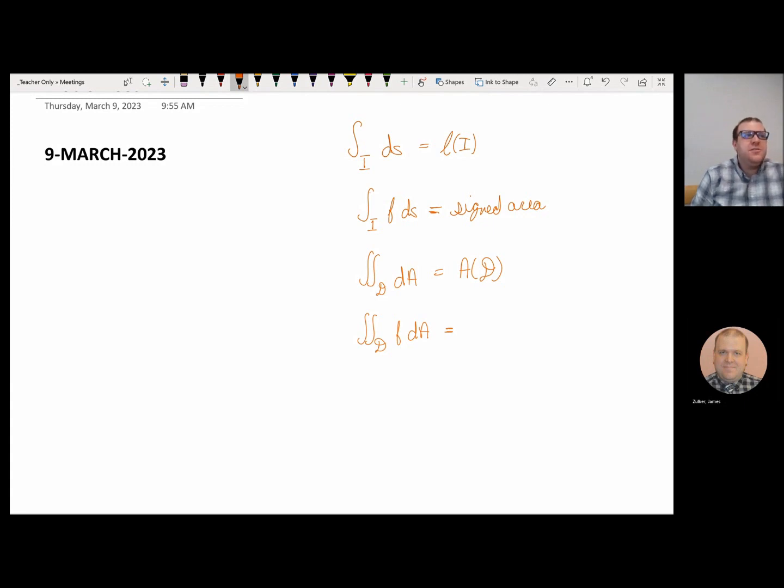It's signed volume. Positive if it's above the xy plane, negative if it's below the xy plane. If you wanted just straight up volume, you just do the double integral of the absolute value of the function. And that would give you volume. We'll look at the triple integral analogs when we actually study triple integrals. But you should easily be able to guess what they're going to be.